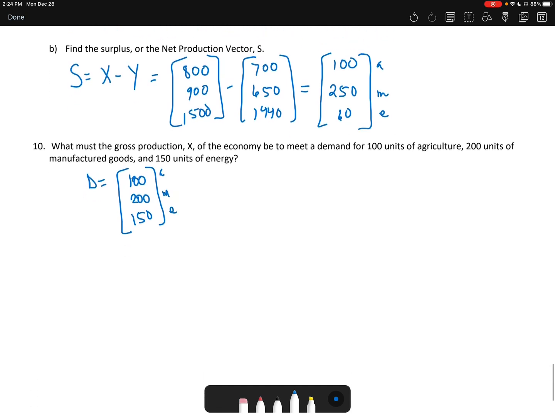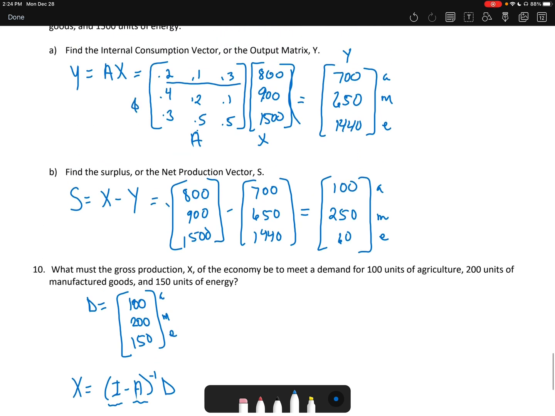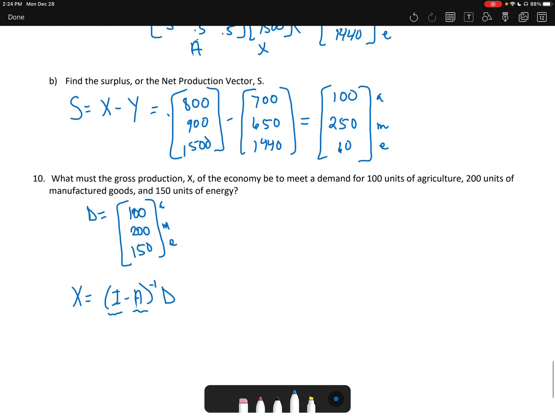So we want to find that X. We know that we use the equation X equals (I minus A) inverse times D. This is where you will want to grab your calculator to do these different steps. Most likely, I would put in the I matrix if you don't have it in there, and put in your A matrix, which is up here. And then give me some notes.